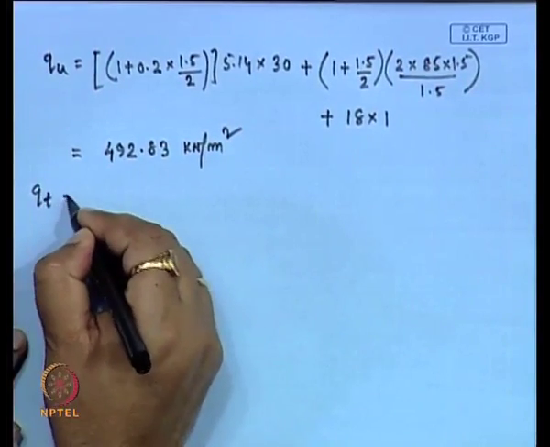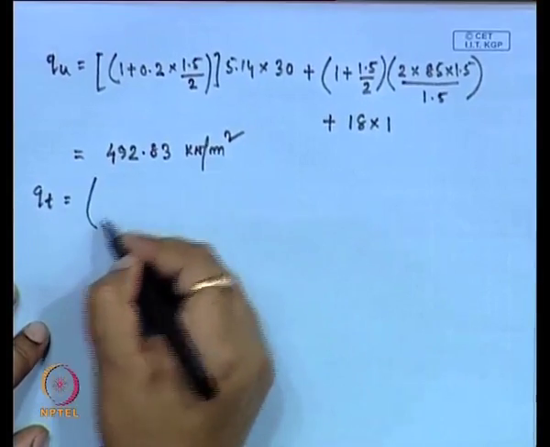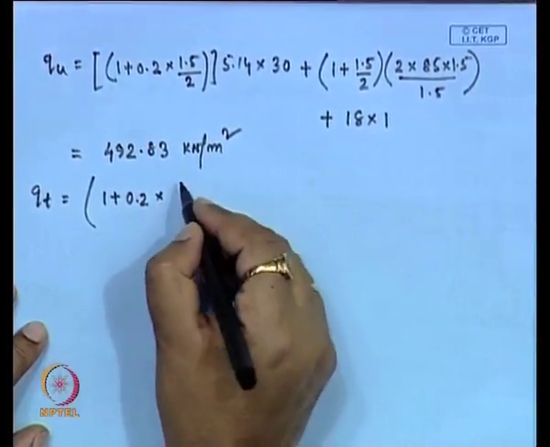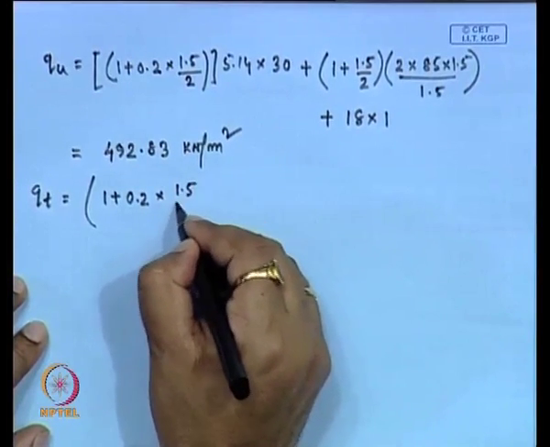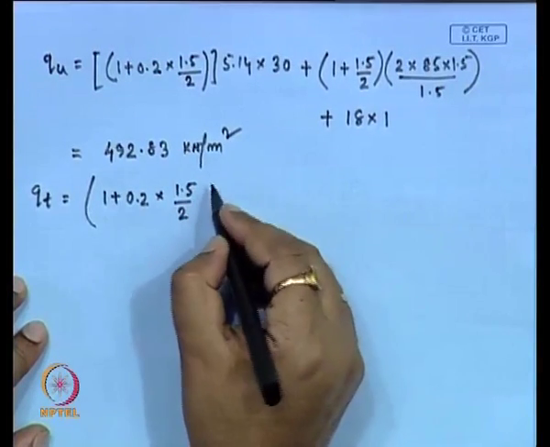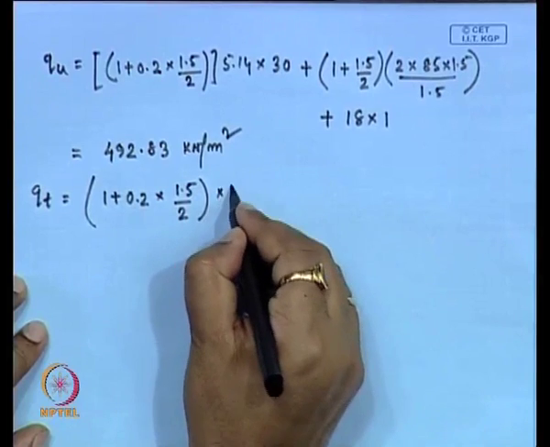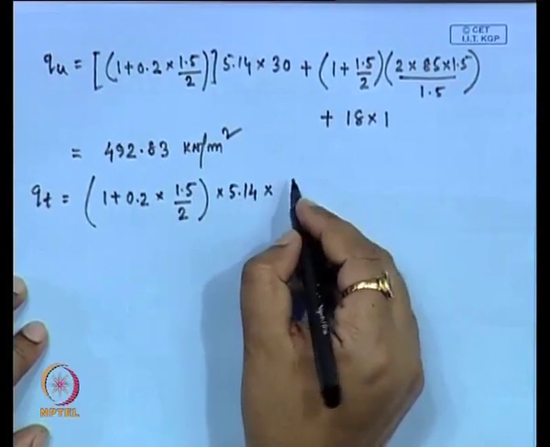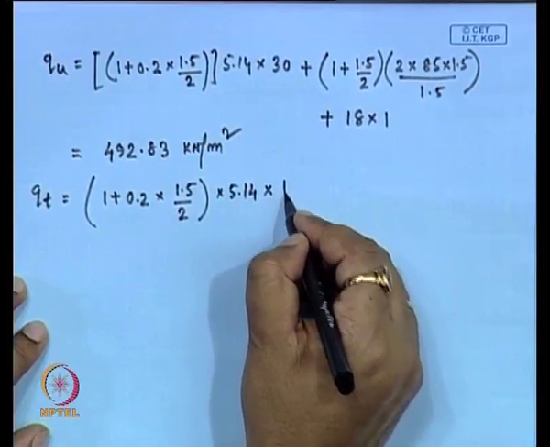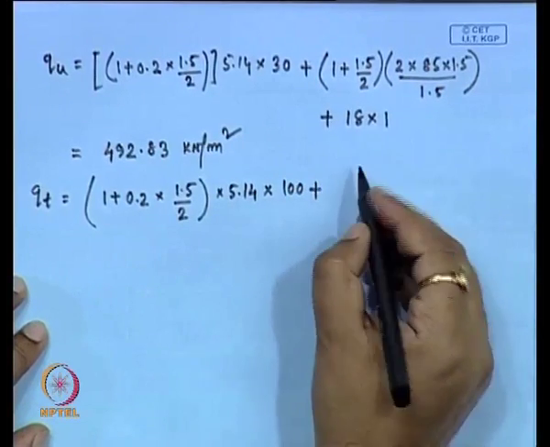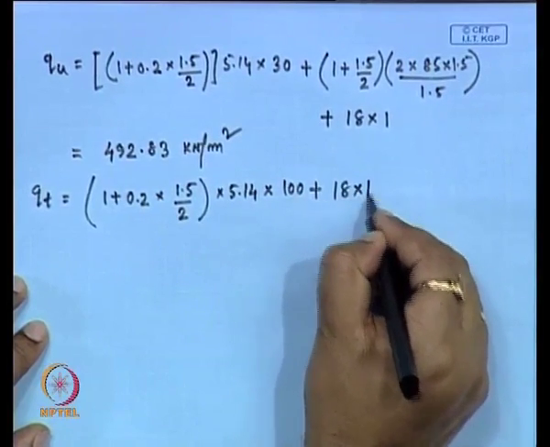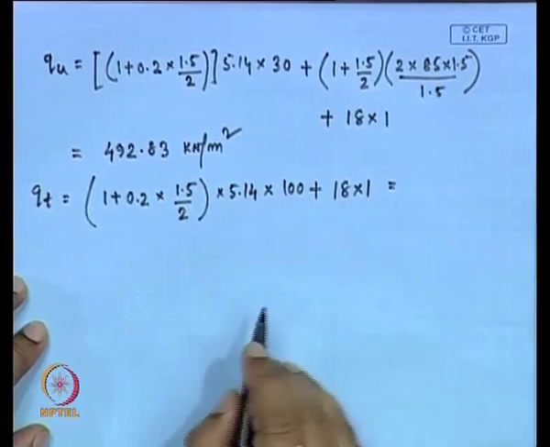Similarly, Qt we can calculate by putting these values: 1 plus 0.2 into B is 1.5 divided by L, this is 2, into 5.14 into Cu1, that Cu1 is 100, plus gamma 1 is 18 into 1 is the Df.